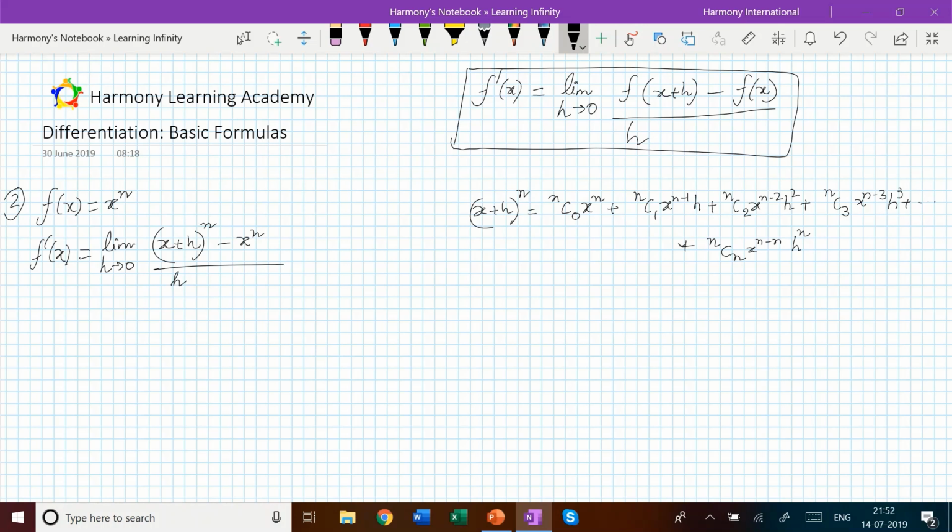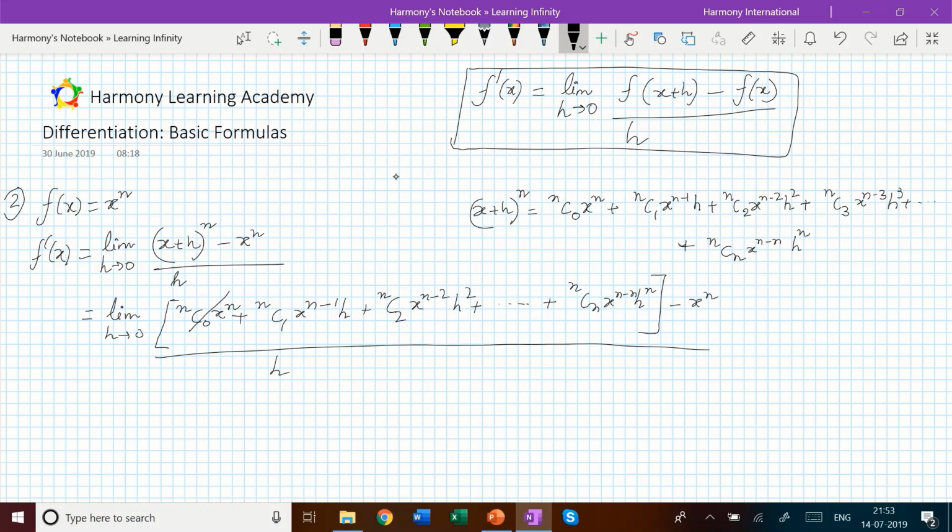Okay, if we put this binomial expansion here, we will get limit h tends to 0 x to the power n plus n c1 x to the power n minus 1 h plus n c2 x to the power n minus 2 h square, and like this we'll get till n cn x to the power n minus n h to the power n minus x to the power n by h.